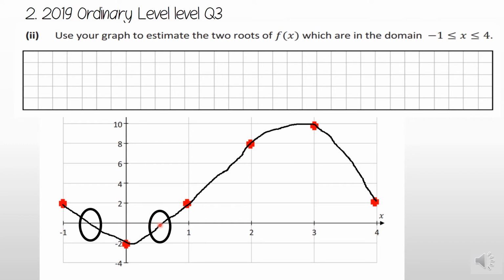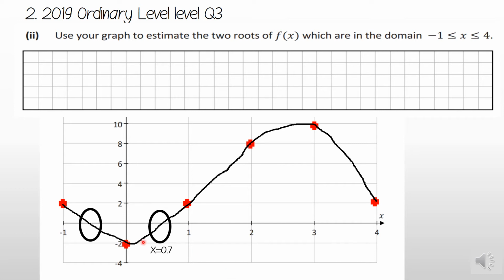This obviously depends on how artistic you are, how good a drawer you are, but anyway, you should generally get something like this. So this is between 0 and 1, so it's a little bit over 0.5. It's about here, halfway. It's a bit over 0.5. So I would guess maybe this is 0.7. Even if you say 0.8 or 0.6 or 0.9, it's still acceptable because it's an estimation. So I guess 0.7.